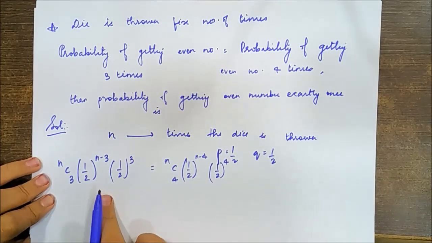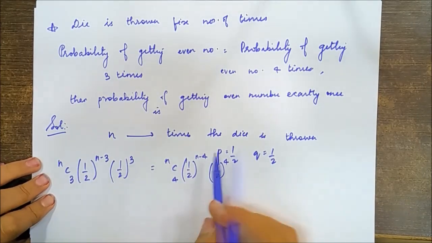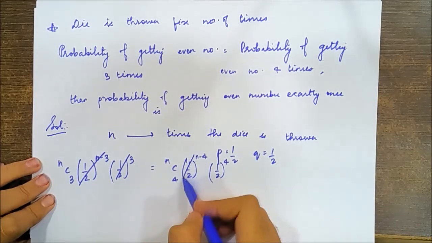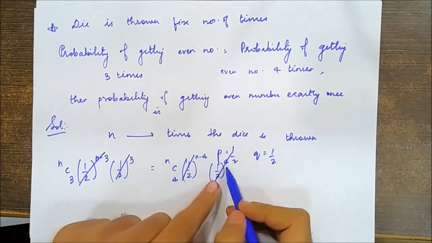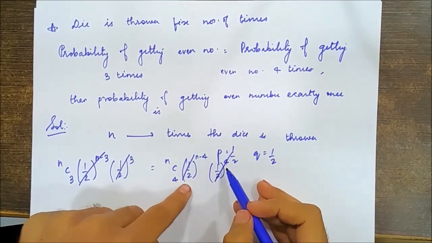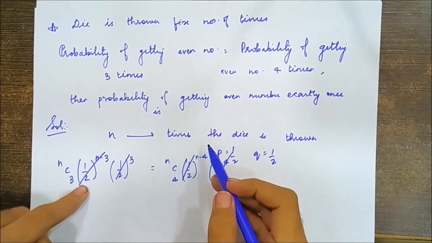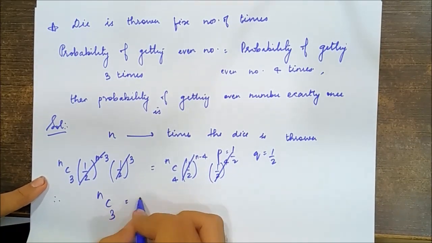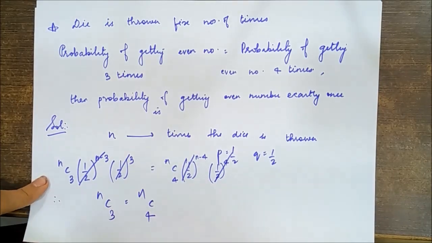So we have equated them. The powers of half cancel, because everything gets cancelled, and what comes out is that nC3 is equal to nC4.